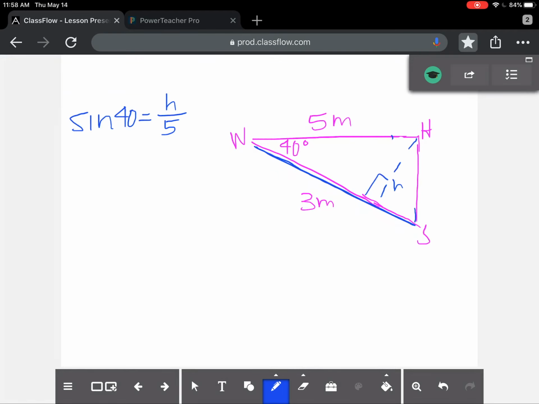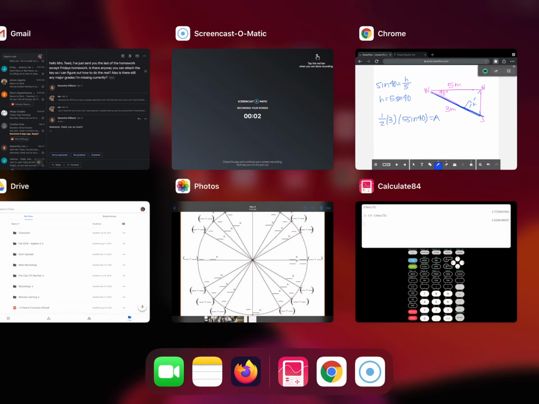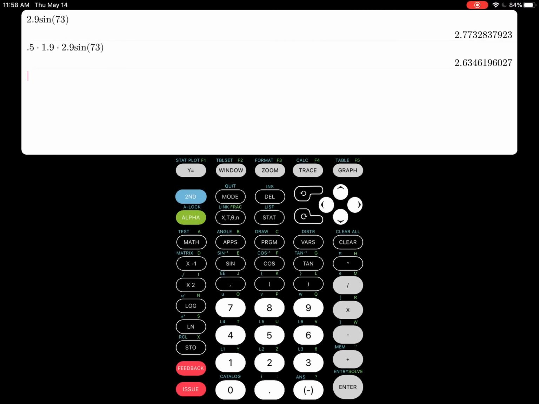Okay, so I'm there. My base is 3, but I can find my height by doing sine of 40 equals h, my height, over 5 meters, because that is my hypotenuse. So I'll multiply both sides by 5, and I'll get my height to equal 5 sine of 40. So that's my height.